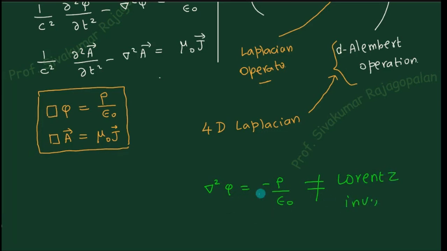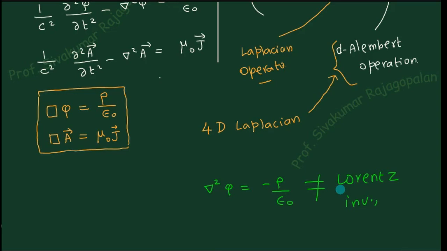Why is it not Lorentz invariant? Because only del square is there. Where is the time component? Time component, speed of light, nothing is there in this equation. And therefore, this quantity doesn't fit for discussing the Lorentz invariance, and therefore, naturally, it is not Lorentz invariant. So people in different frames of reference will find their own values for the electrostatic potential.